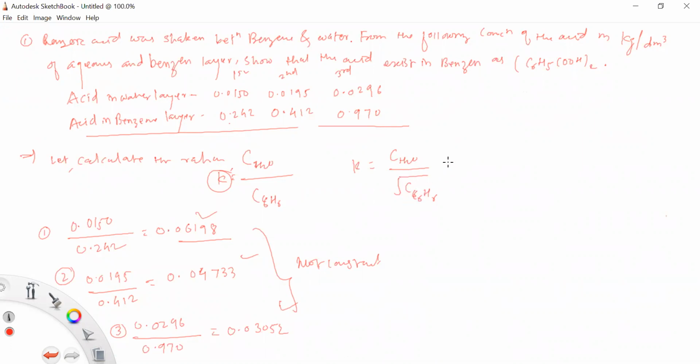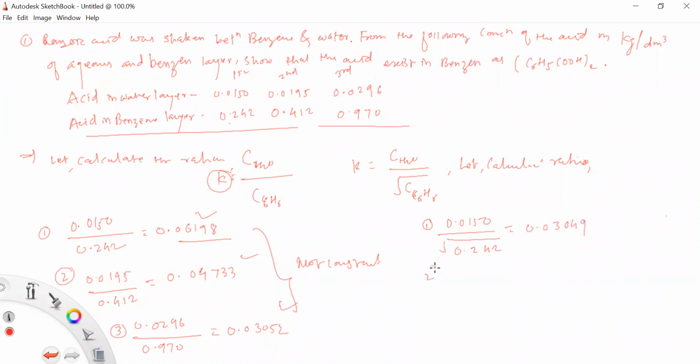Okay, and now let us calculate the ratio. आता हा रेशिओ आपण जर कॅल्क्युलेट केला तर फर्स्ट आपल्याला 0.0150 डिवायडेड बाय रूट ऑफ 0.242 मिळेल.